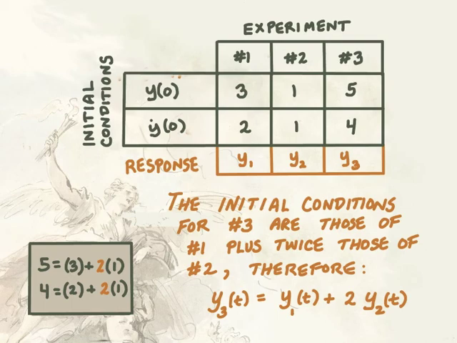The same holds for the initial condition y dot. 4 is equal to 2 plus 2 times 1. Because of the property of superposition, we can then say that y3 must be equal to y1 plus 2 times y2.